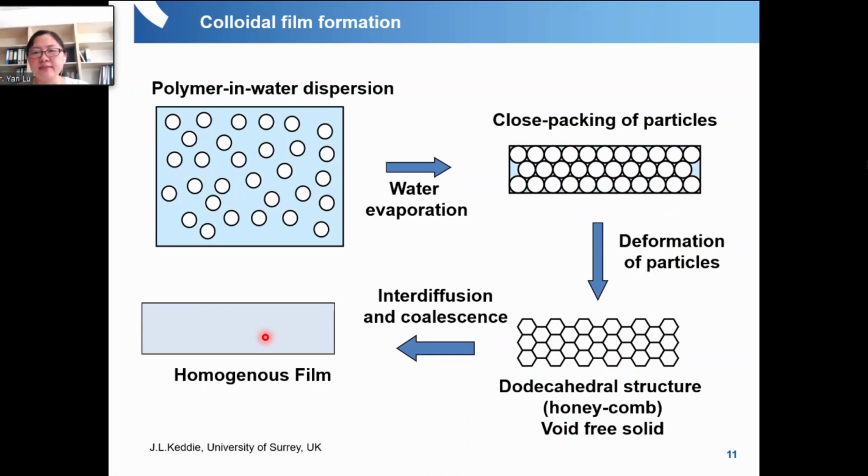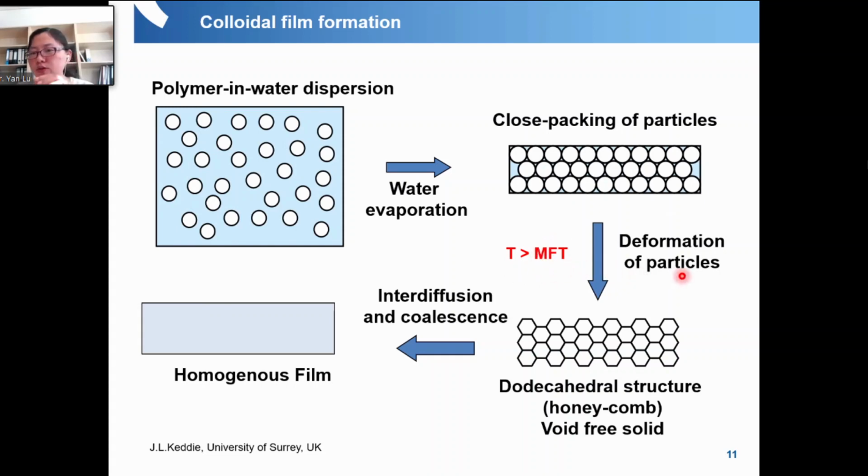And here, very important, two temperatures. One is the temperature for the deformation of the particles, called the MFT temperature. Here, the drying temperature should be higher than the MFT of this colloidal particle.